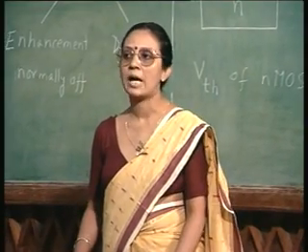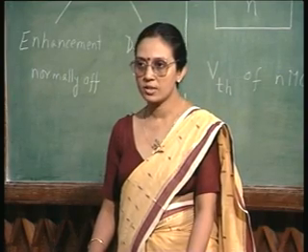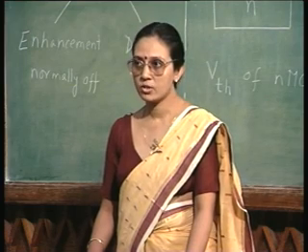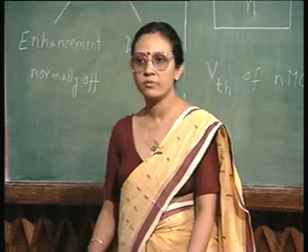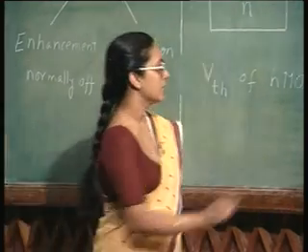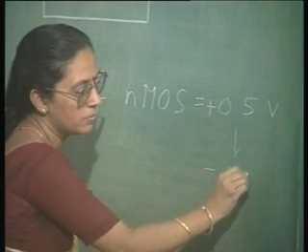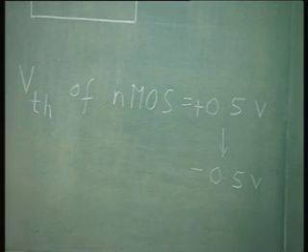Now, if you have a large density of positive charges in the gate oxide, the effect is to push the threshold voltage towards the negative direction, so that it can change its sign and become, let us say, minus 0.5 volt.